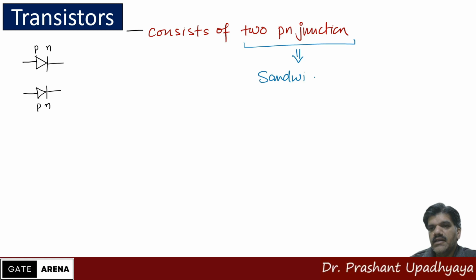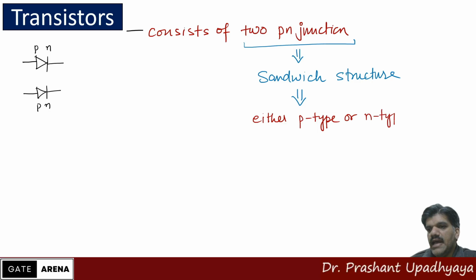I'm writing it, sandwich structure, and this sandwich structure can be either of a p type or it can be an n type semiconductor. So we are going to see what exactly we are trying to say here.